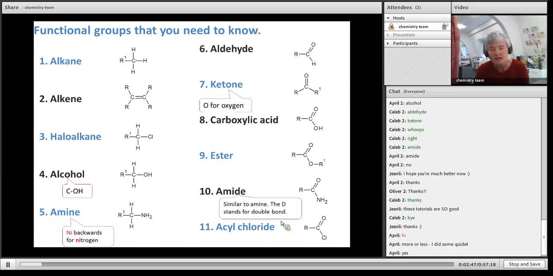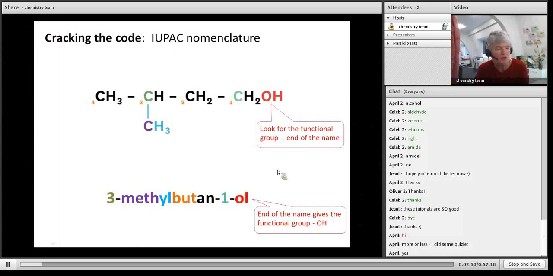Okay, and then what we also did last time was the code. To crack the code, remember those different bits. The end is always the major functional group. Then in the middle is the number of carbon atoms. So we've got 4 carbon atoms.